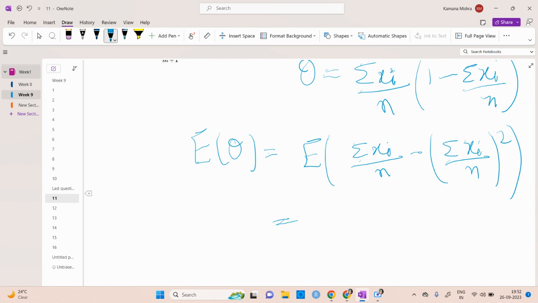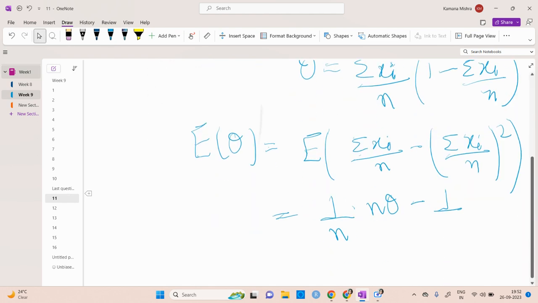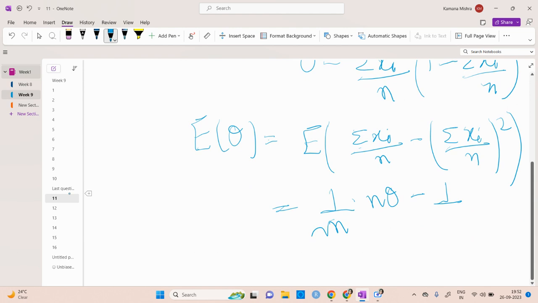This is theta, so summation xi upon n will be 1 upon n and theta. And this one is given for m values, so m theta, and this one is 1 upon m. For m values it will come out, but xi square will be theta.